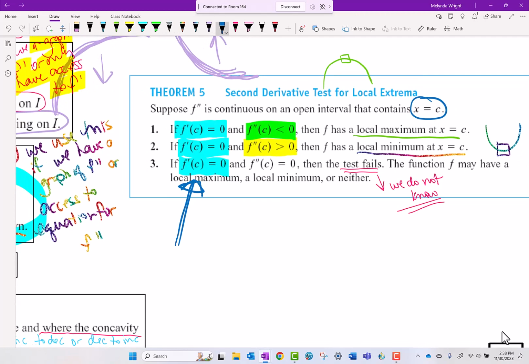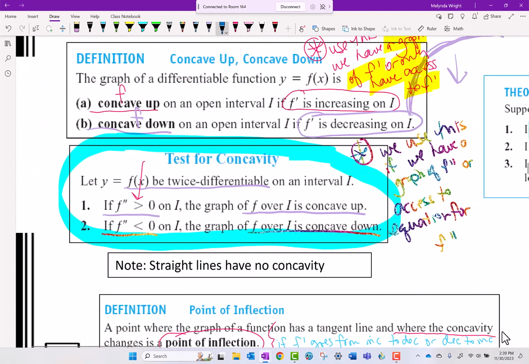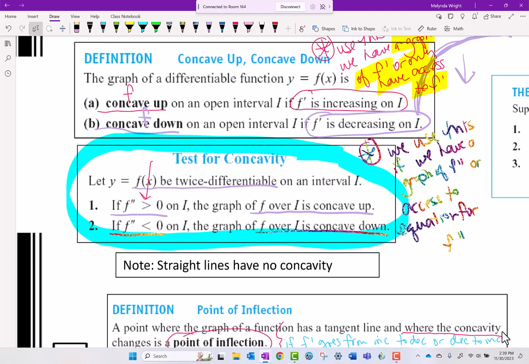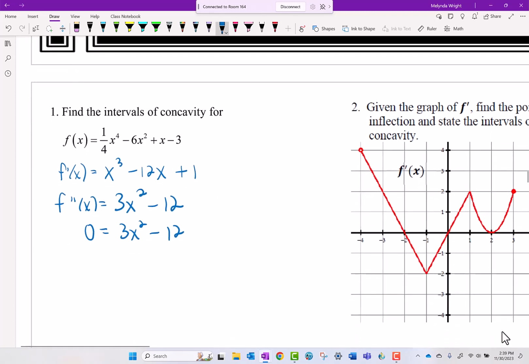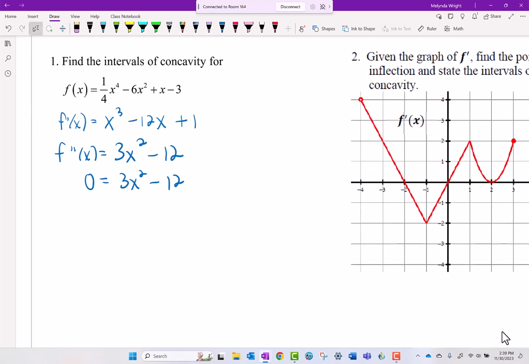And over here, for the test for concavity, we're looking for the sign of f double prime. So if you want the sign of it, we're going to have to set it equal to 0 and do a sign chart. We're looking for intervals of concavity.